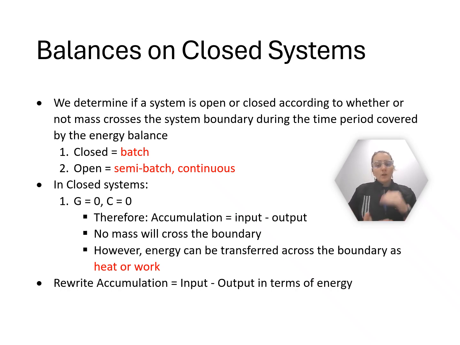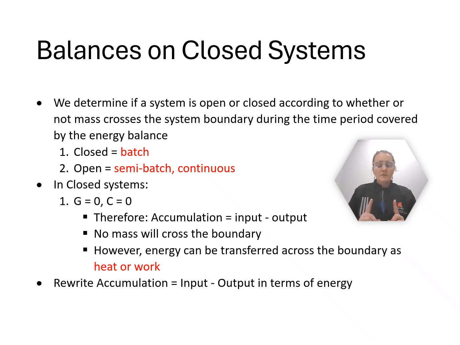Okay, for our closed system boundaries, when we take our general balance equation that we've been using for the full semester, we're not going to have generation or consumption of energy in that particular system. So our accumulation is going to equal the input minus the output. No mass is going to cross the boundary, but energy can be transferred across the boundary.